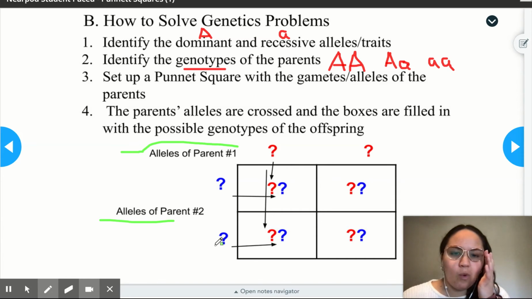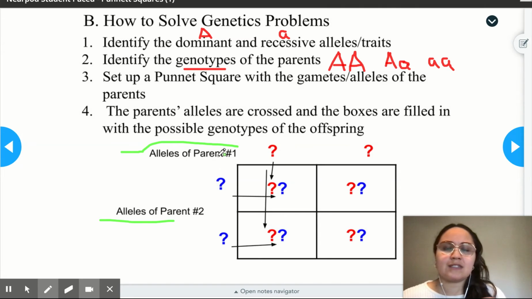You might be wondering, why are we splitting up the alleles? These alleles get split up because they represent the gametes of the parents. Gamete is just a fancy word for sex cell.